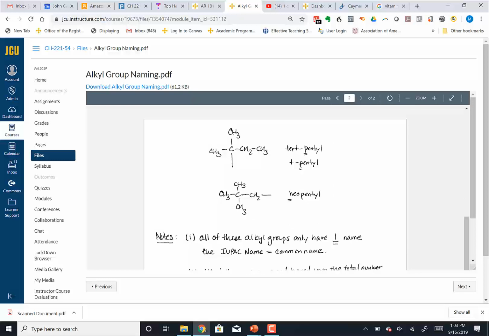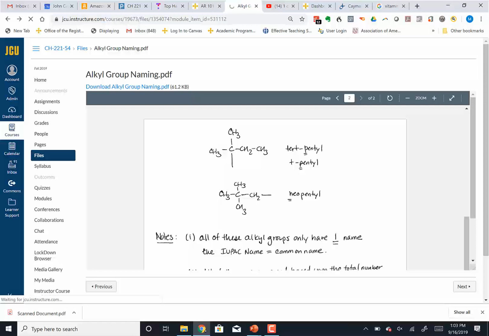So these are all alkyl groups that have an accepted IUPAC name. That's methyl, ethyl, propyl, isopropyl, butyl, isobutyl, sec-butyl, tert-butyl, and then into pentyls. Those names have all been accepted by IUPAC.